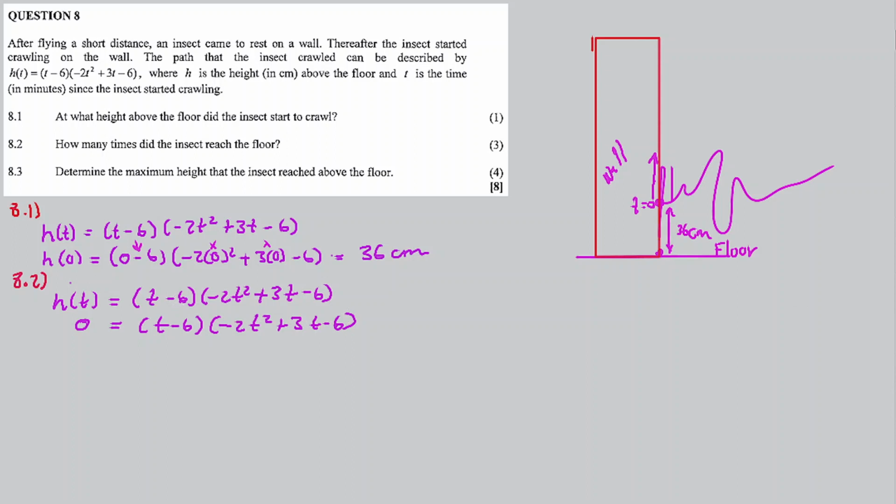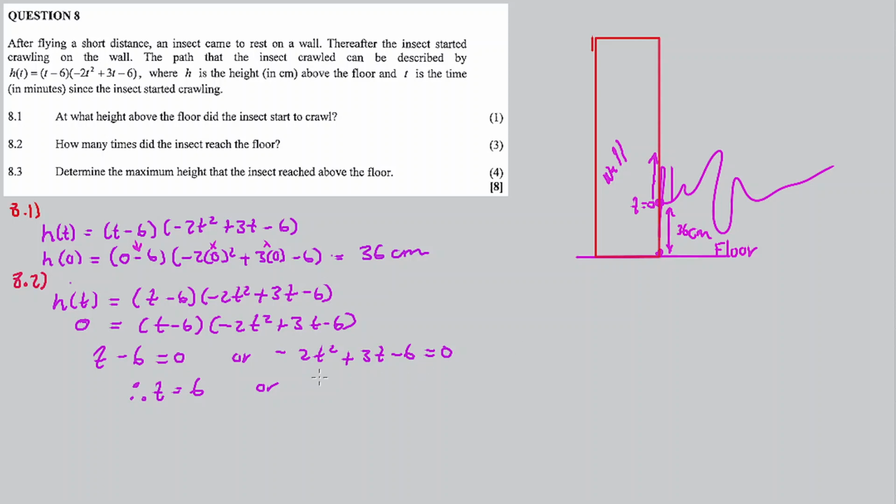This is the zero factor law: 0 equals two brackets multiplied together. So I just do this: t minus 6 equals 0, or minus t squared plus 3t minus 6 equals 0. t is equal to 6. So after 6 seconds, our insect reaches the ground.